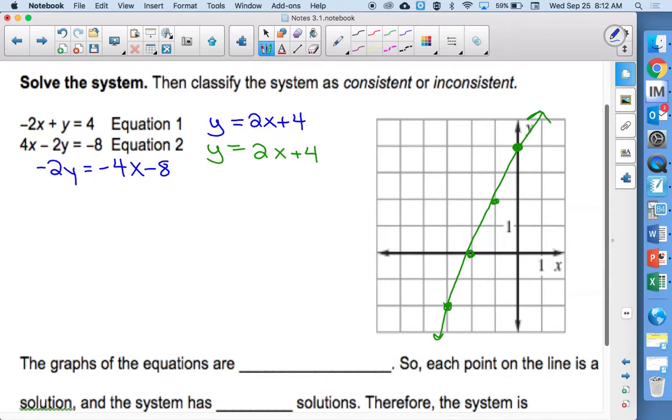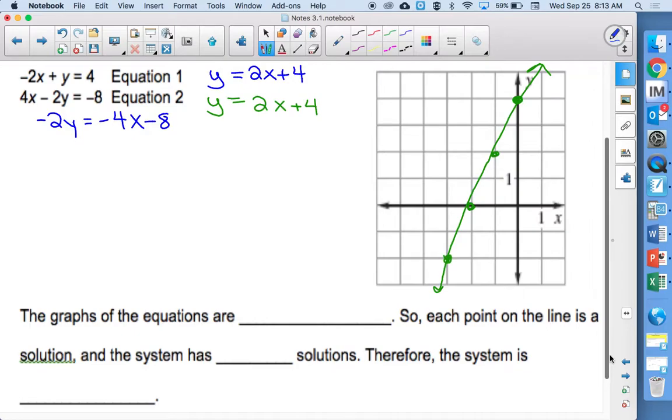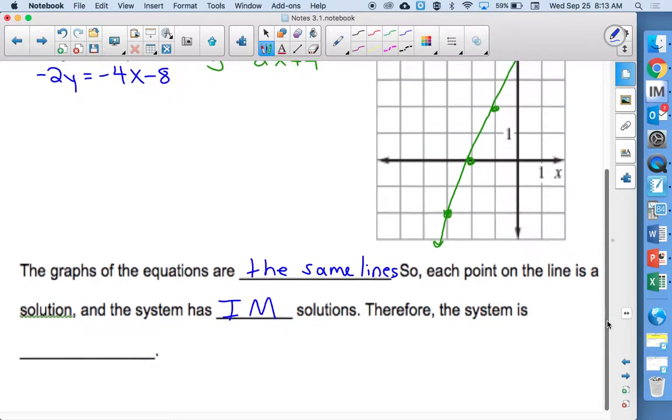Essentially you're graphing one line right on top of the other line. See if you can fill in the blocks down below. Got the little lines down below. So we have infinitely many solutions because one line is graphed directly on top. All the points on the lines are the solutions for this problem.